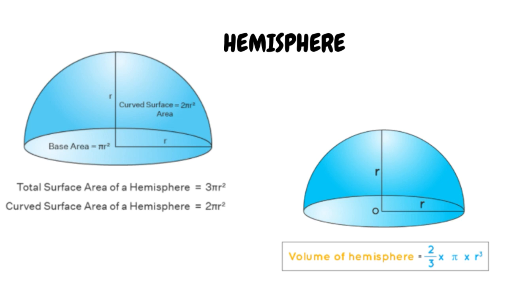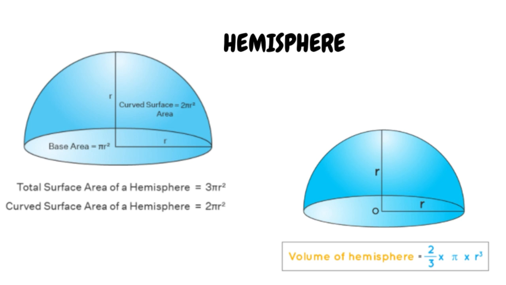So it is 2 pi r square. But when we cut a sphere to get a hemisphere, we have one more surface, in the form of circle. So the total surface area of hemisphere is nothing but the curved surface area of hemisphere plus the area of base, which is nothing but pi r square.